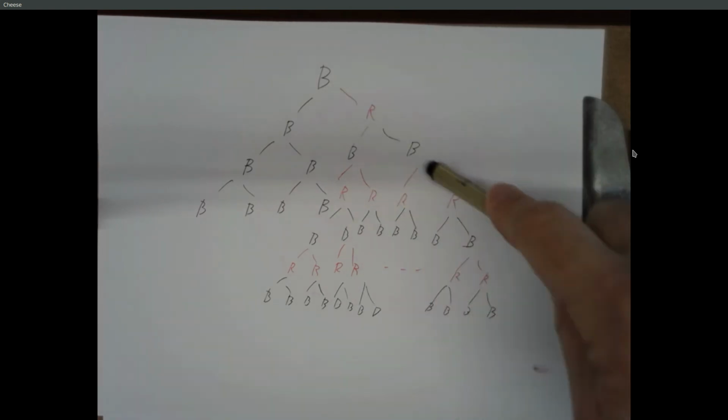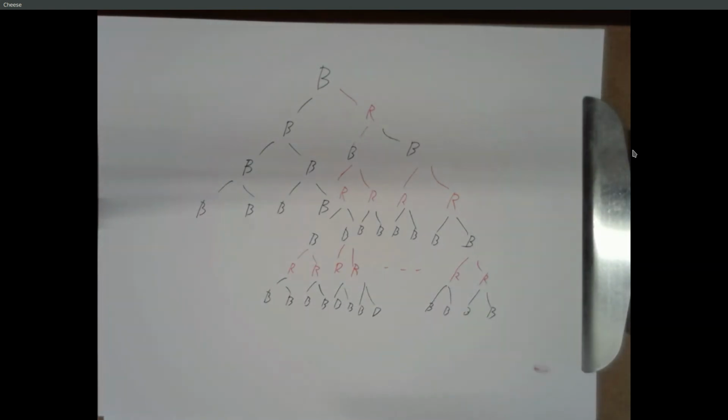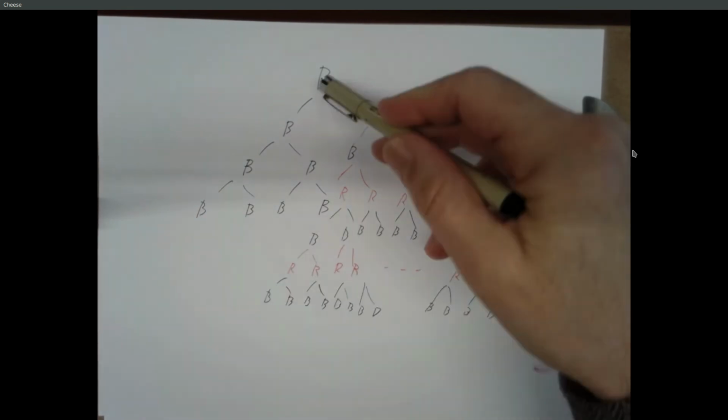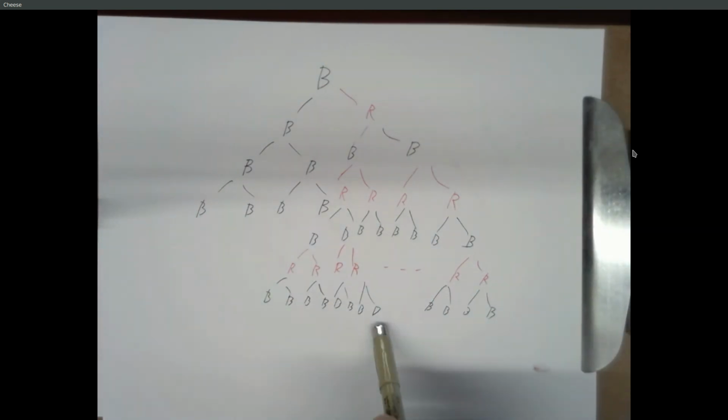But there's more stuff over here than there is over there, right? So it's not balanced in the classic sense. But how unbalanced can it get? It's unbalanced because the path from the root to one of these nodes is much shorter than the path from here to, say, one of these nodes.